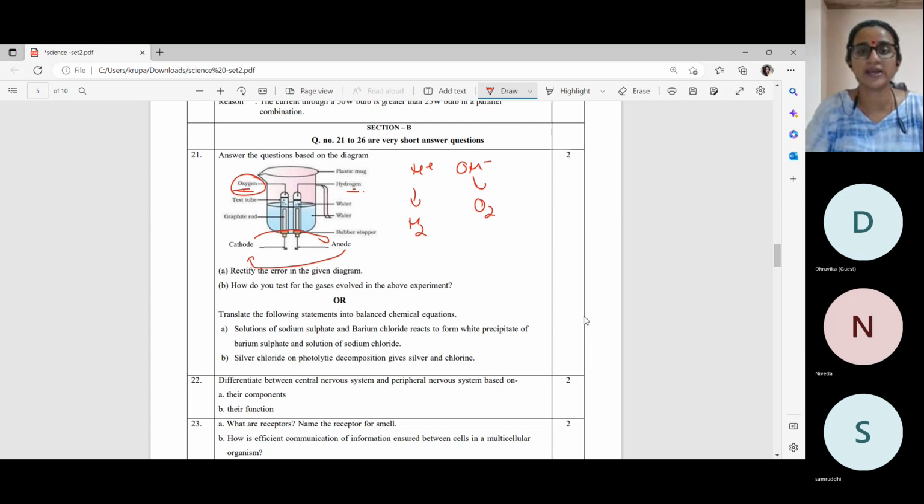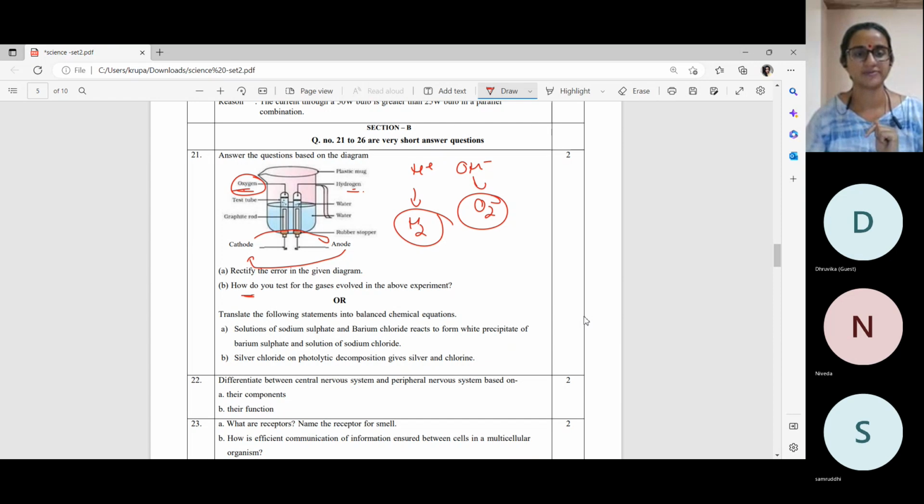So that's why this is your anode product and this is your cathode product. This is a cation, so it goes to the cathode, and that's where hydrogen gas will be liberated. This is an anion, so it moves towards the anode, and therefore that's where the oxygen would be liberated. So the reasoning behind it should be based upon the products that we are seeing, oxygen and hydrogen.